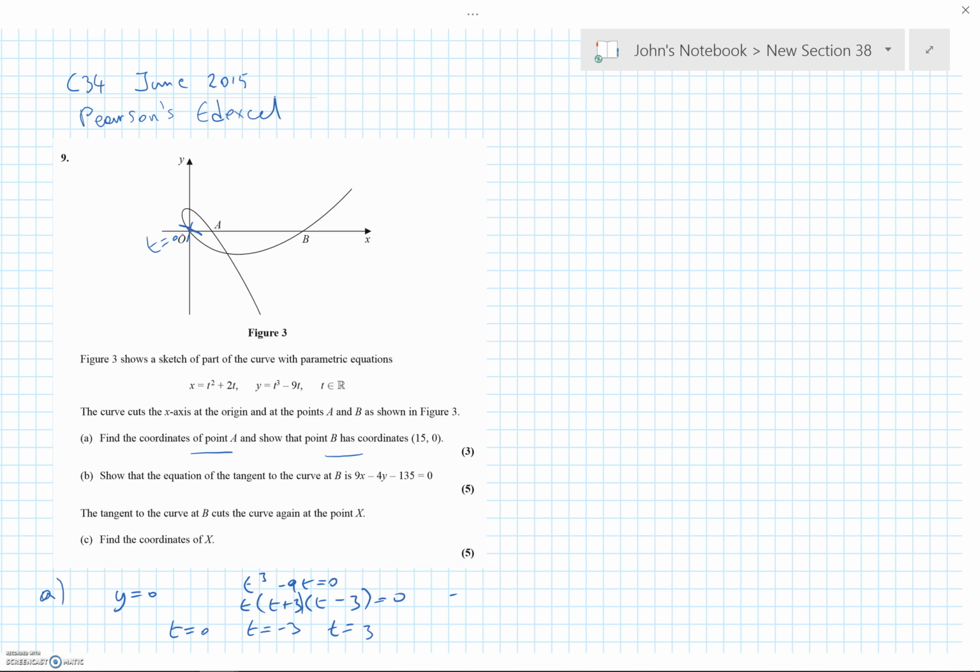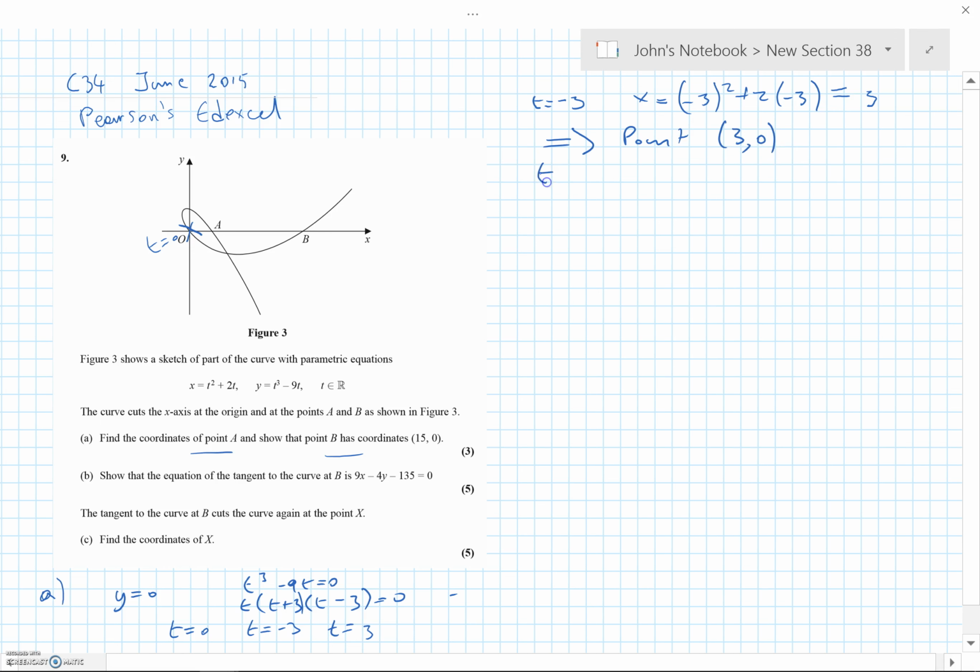But then if we put t equals minus 3 in, x equals minus 3 squared plus 2 times minus 3. So that gives us 9 minus 6, that's 3. So it tells us that point A is at (3, naught).